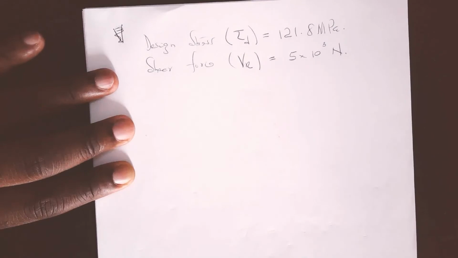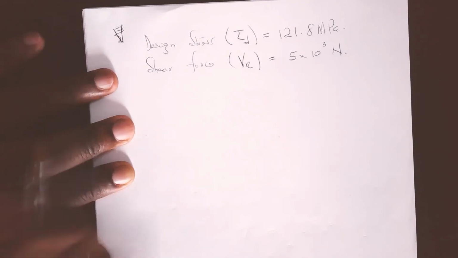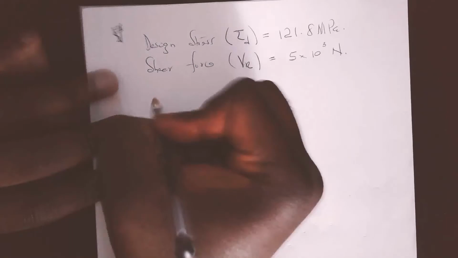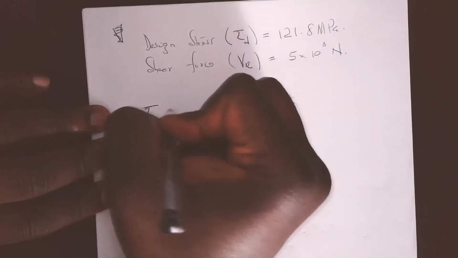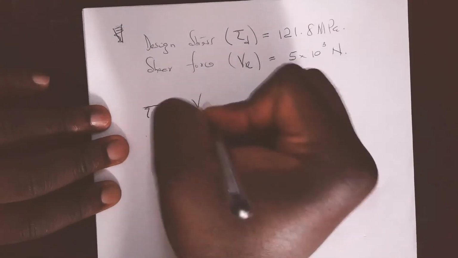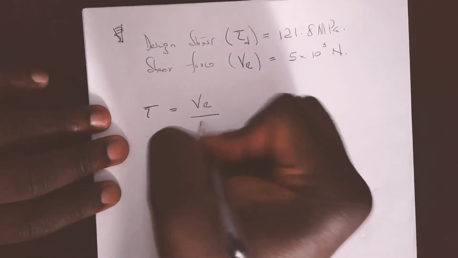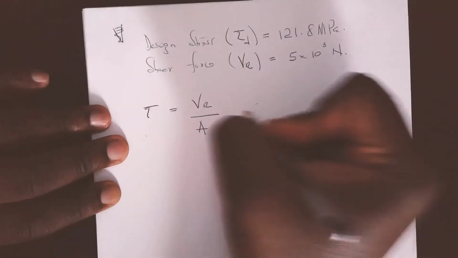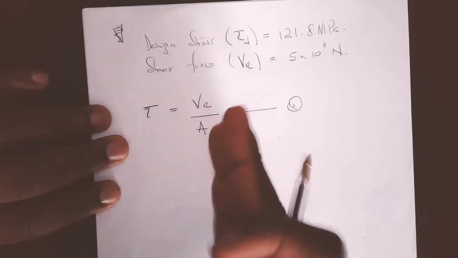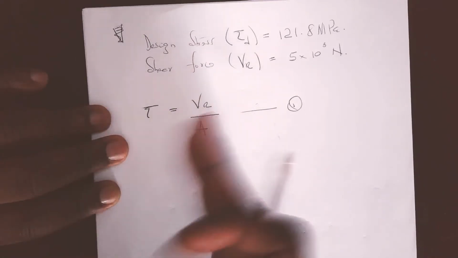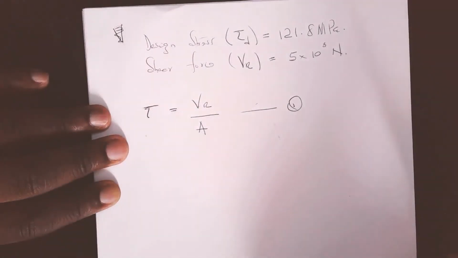To determine the diametric size needed for this particular application, we have to use the shear stress formula. So shear stress equals shear force divided by the tangential area. We're going to use this equation. Since we're interested in the diameter of the bolt, we know that the bolt will have a circular cross section.